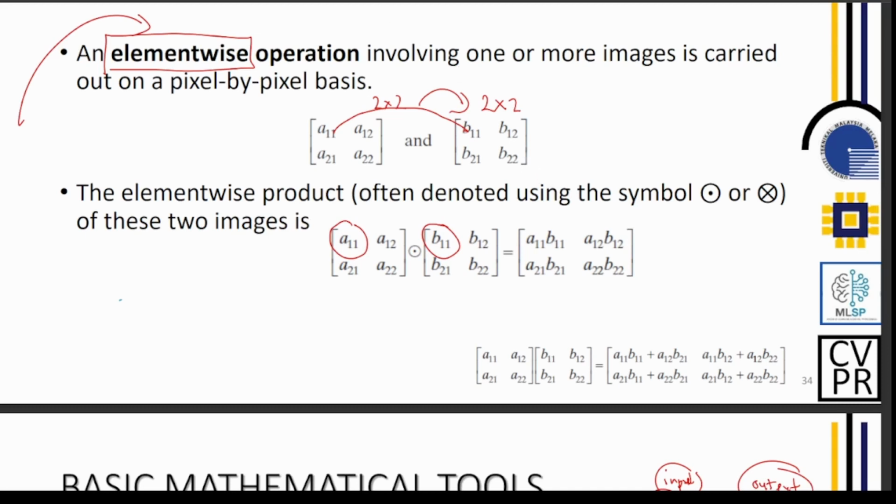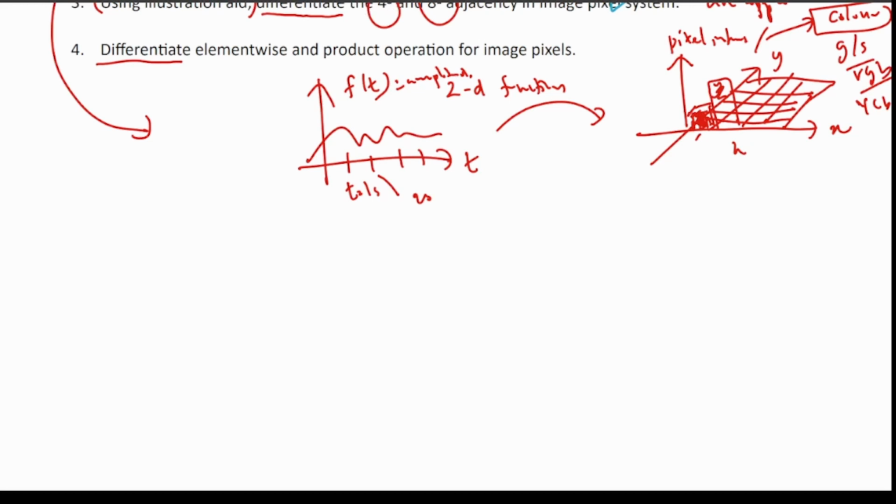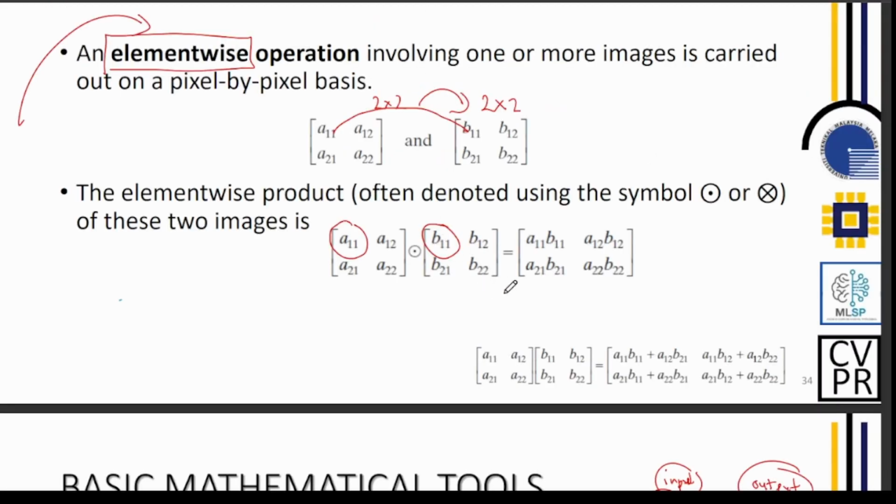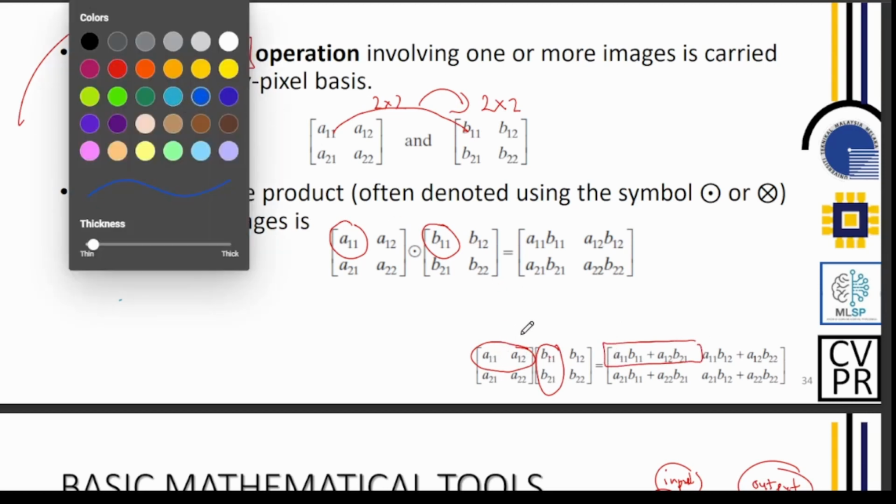But the product operation is the one that we are familiar with, horizontal times vertical. So A11, B11 plus A12, B21. So that would be this. Then the second one, I'll change to blue. So this will be the product.